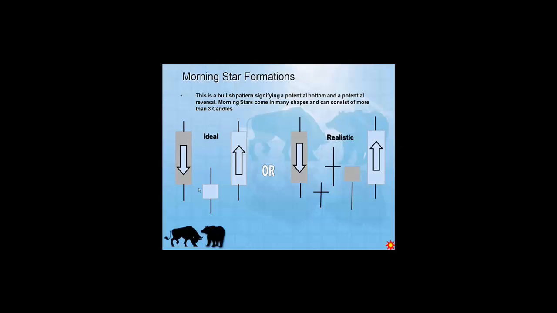If you're trading the stock market, you would want this to be a spinning top, and you would also want this to be bullish. But in Forex, it doesn't matter. Now here, this would be ideal. This is more realistic. There could be several candles in between, as long as there's decision, indecision, indecision, indecision, and then decision.